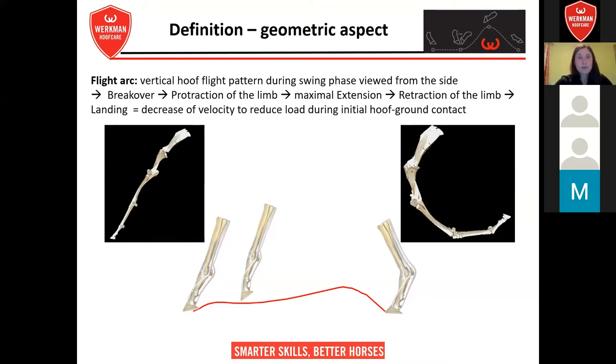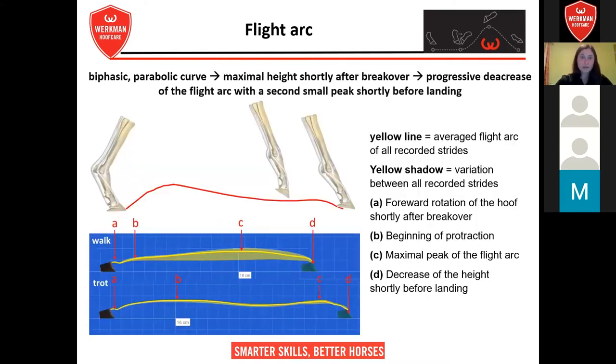Then the limb is protracted until maximal extension, and shortly before landing, there's a little bit of retraction of the limb. This is just to reduce the velocity and to decrease forces acting during initial contact, but we will see it later.